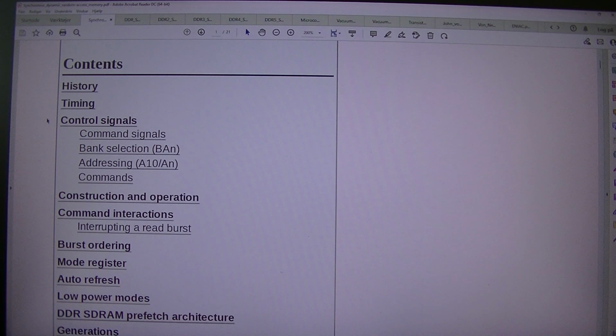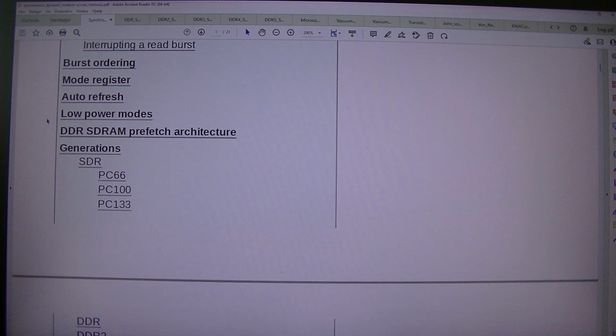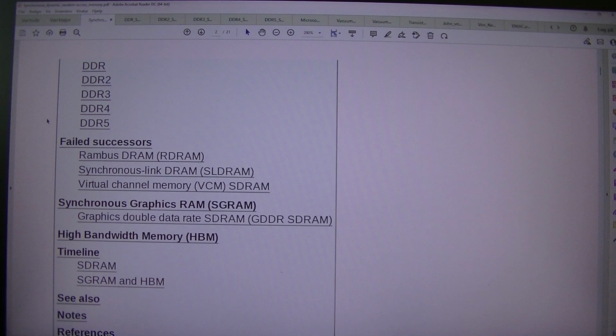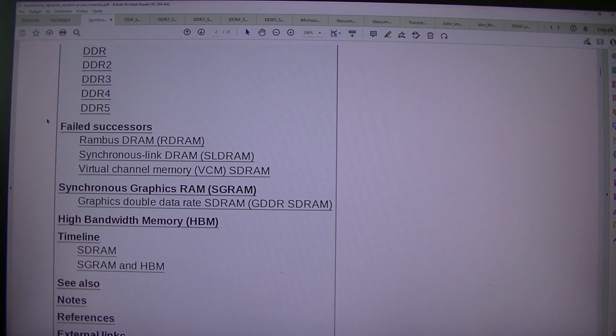Auto refresh. Low power modes. DDR SDRAM prefetch architecture. Generations: SDR, PC66, PC100, PC133, DDR, DDR2, DDR3, DDR4, DDR5.